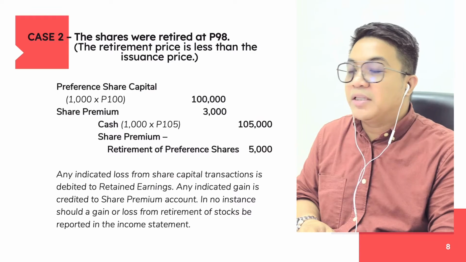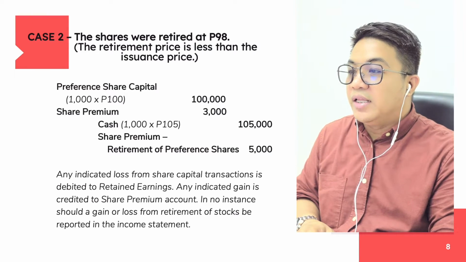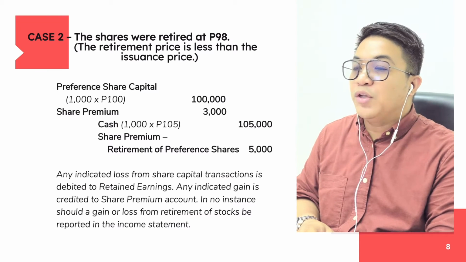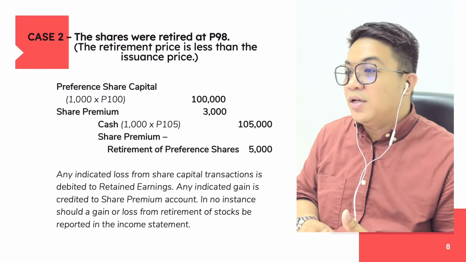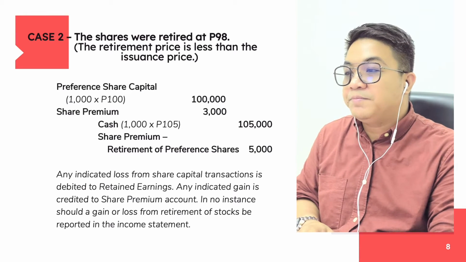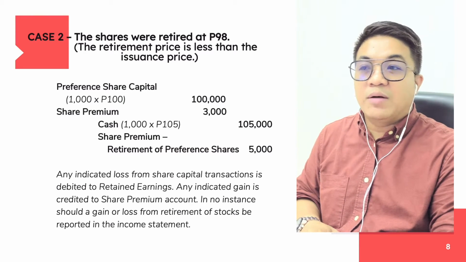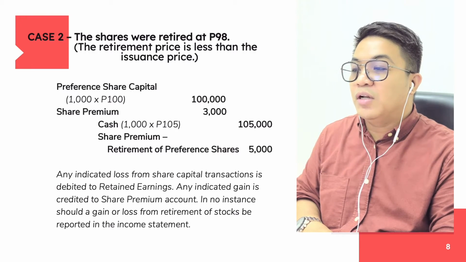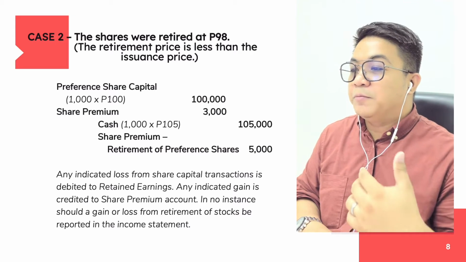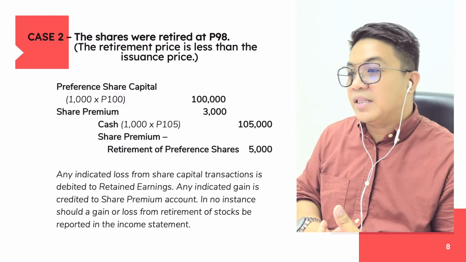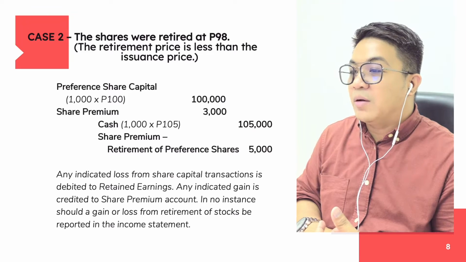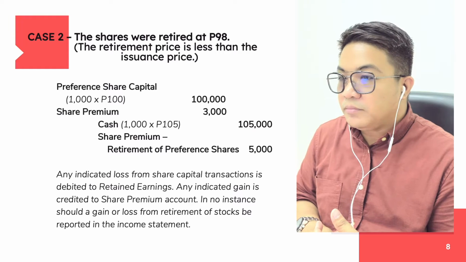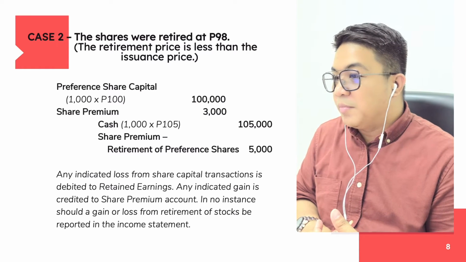Preference share, we multiply by the par value, 100,000. Then the related share premium, since the issuance amount is 103, so 3 pesos, 3,000, multiplied by the 1,000 shares earlier. So we debit share premium 3,000. We also credit the cash we release. So that's 105,000. Then the difference, I think there's a correction here.